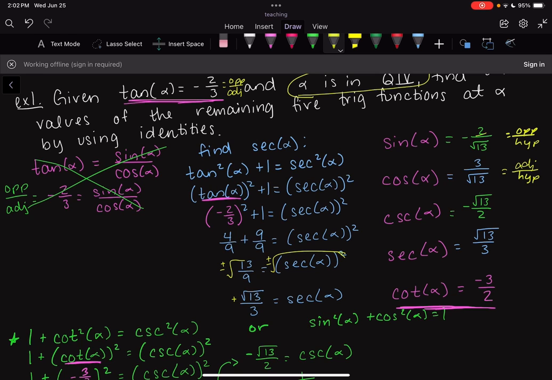Now, just to warn you a little bit, on my math lab, it's going to prompt you to find certain trig functions in a certain order. You do not have to do it in the order that they ask you. You can do it in whatever order you want.